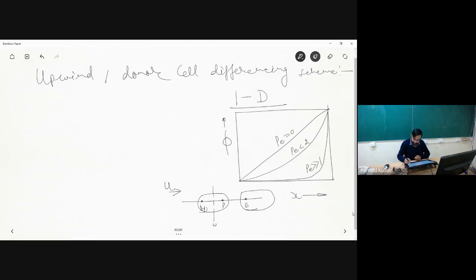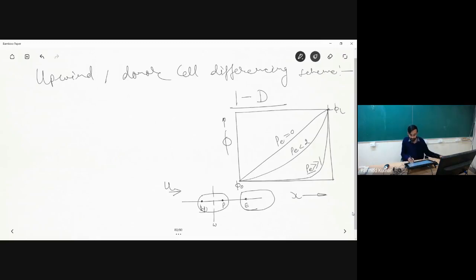Similarly, in the exact solution, when the Peclet number is large, meaning convection is dominant, up to a large value of x we find that the value of phi is almost equal to phi naught only. Say this is my phi L and this is phi naught.